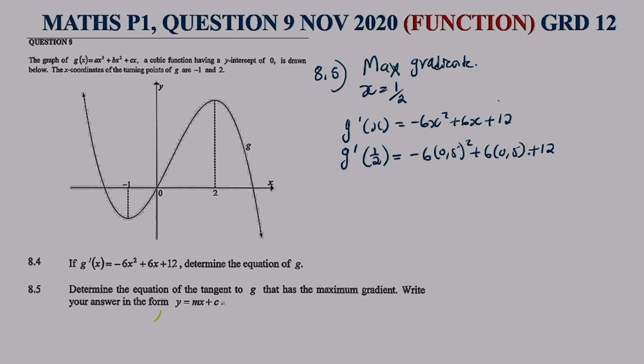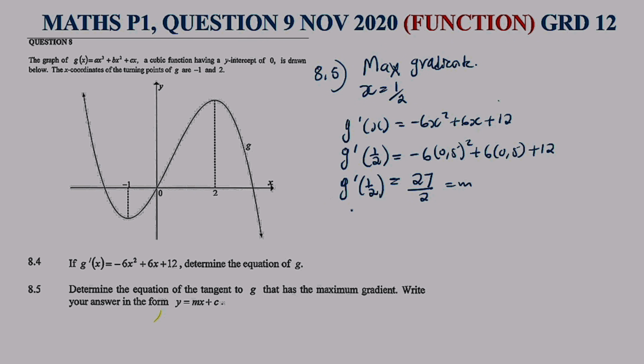Put this in your calculator. It is giving me 27 over 2. Therefore this is the gradient at this point.